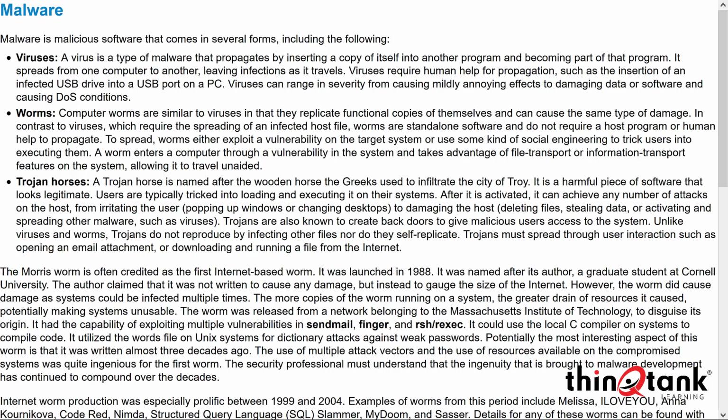He was a graduate student at Cornell. He went to MIT, kind of to throw the authorities off, and launched the worm in 1988. There's lots of documentation online about how this particular worm propagated itself and what its overall effect was on the network.